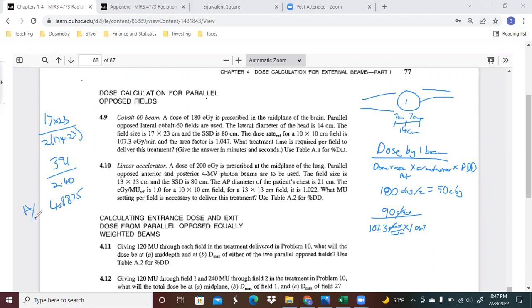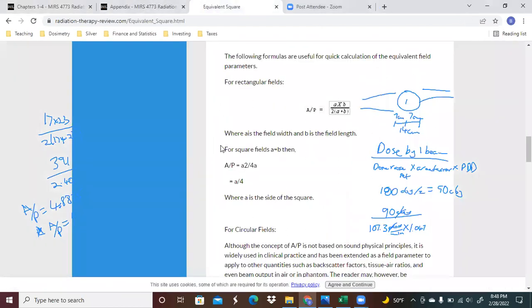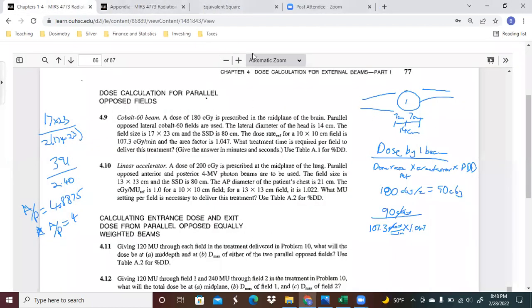Remember, that is the area divided by the perimeter. If we want to know what the side of the square is, you can do this one of 2 ways. Let me show you the easy way. We know that this ratio is equal to that. What we also know is that this formula, if you condense it down, ends up being not 4 divided by a, but a divided by 4. Let's make sure I got this correct. A divided by 4.